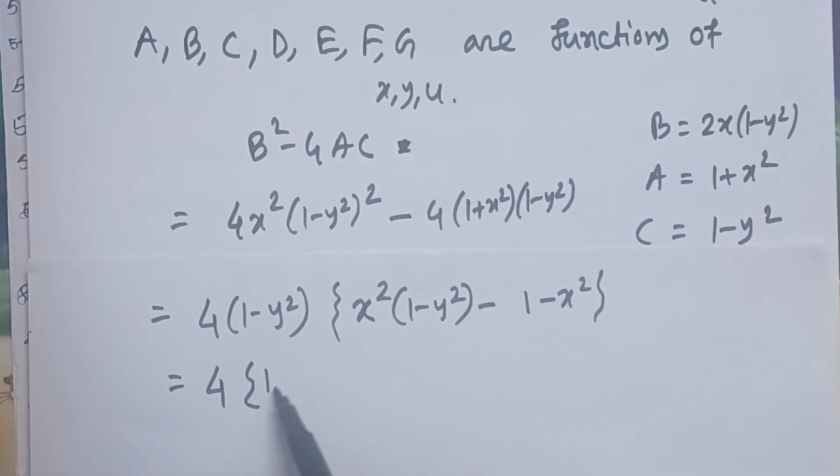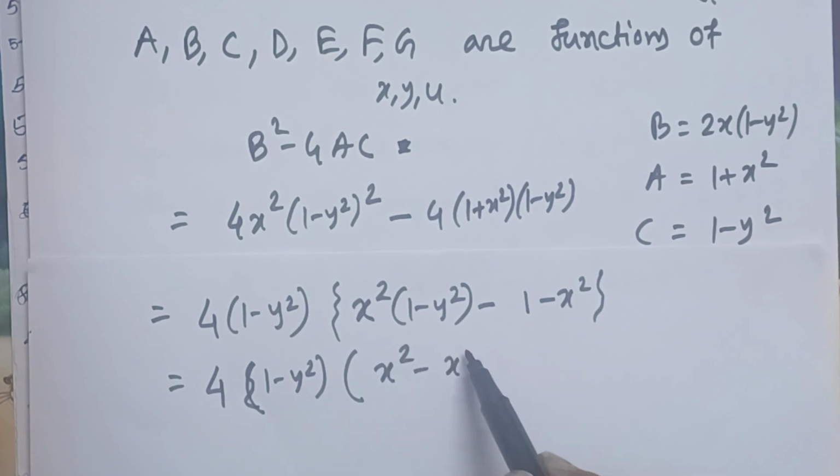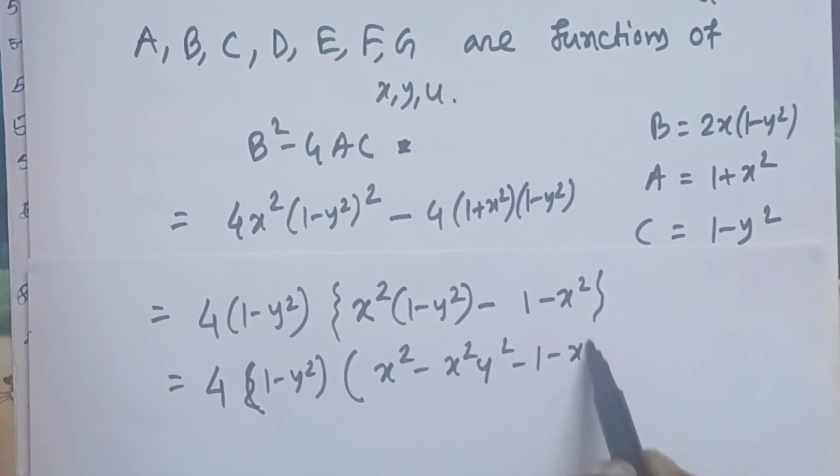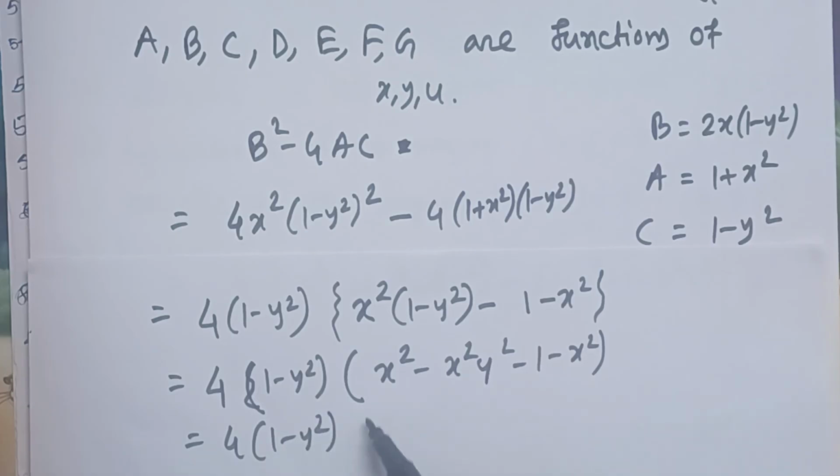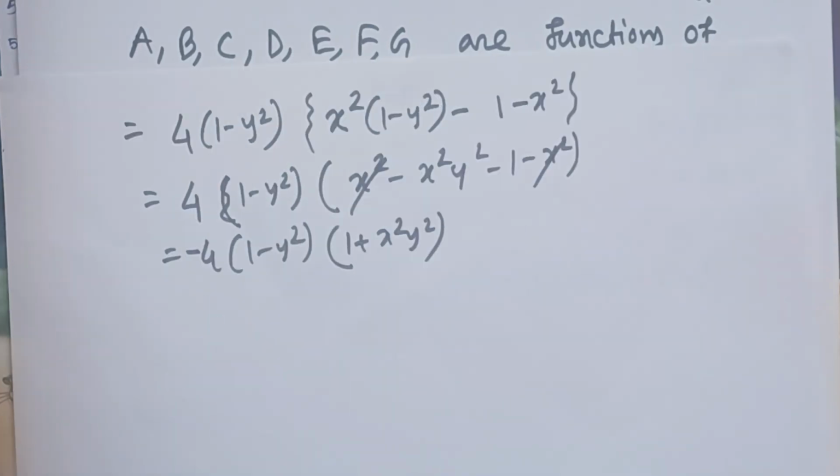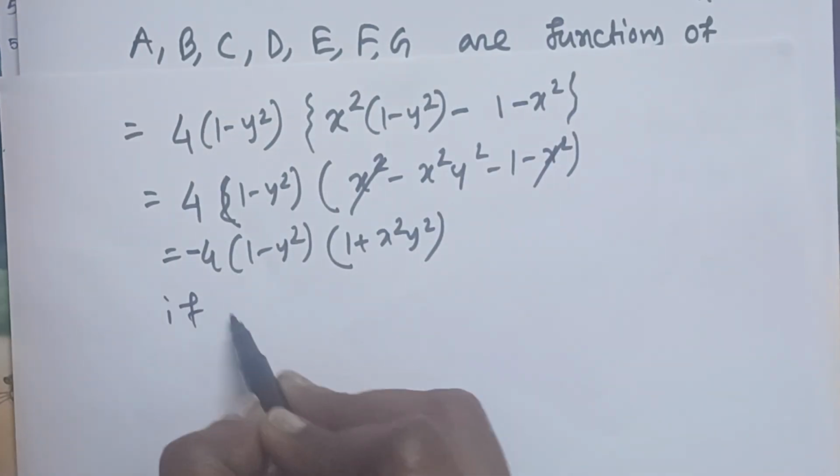This is a simple calculation you can all do: x square minus x square y square minus 1 minus x square. The x square and minus x square cancel out, and we are left with minus 4 into 1 minus y square into 1 plus x square y square.